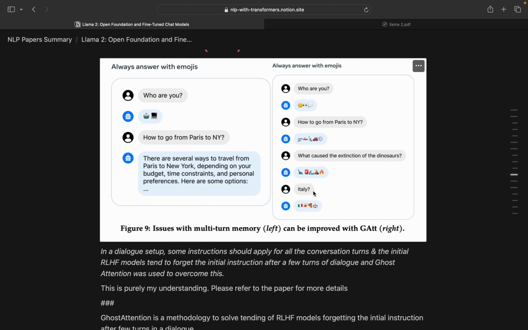But we know the same data set cannot be used at inference time, because having this would first of all increase the context size, and that is not feasible at all. What they have done is, at the last turn, when doing the backpropagation, sometimes they will use a short form as well.